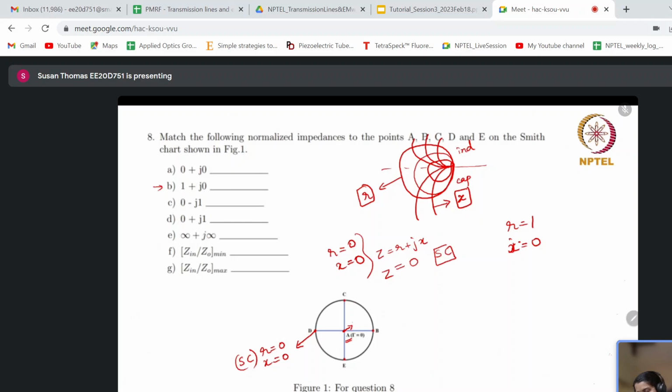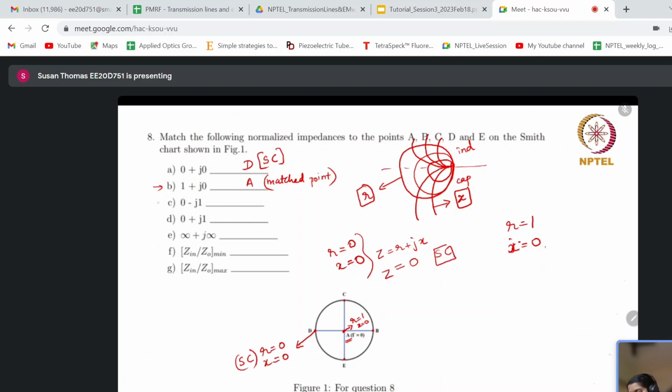So the first one is D, which we call the short circuit point, and the second is this point, which we call the matched point. Why do we call it the matched point? Because r is 1 and x is 0.